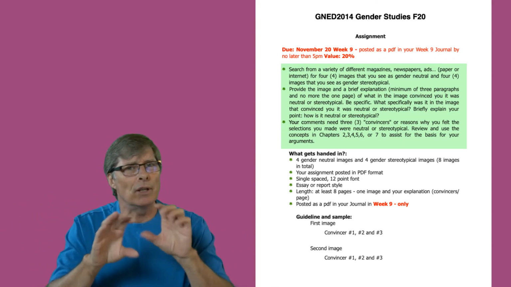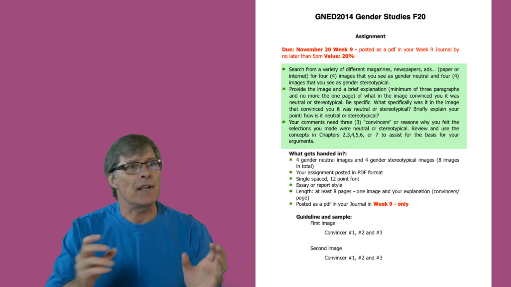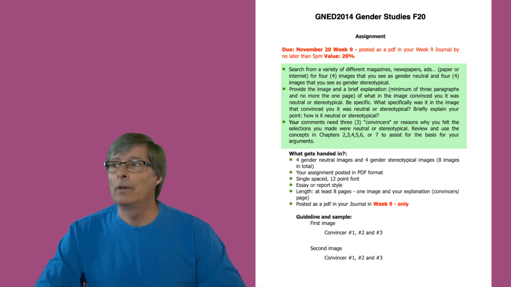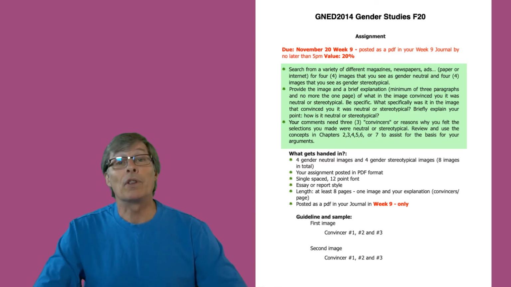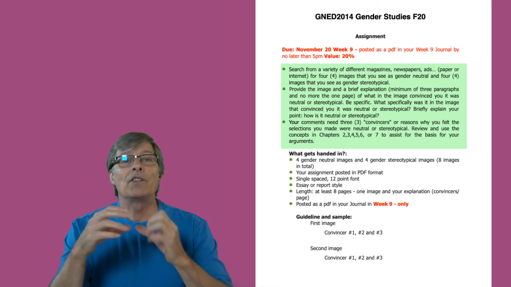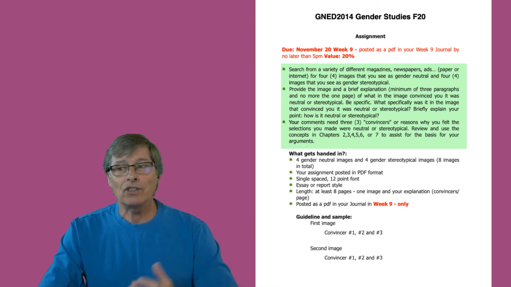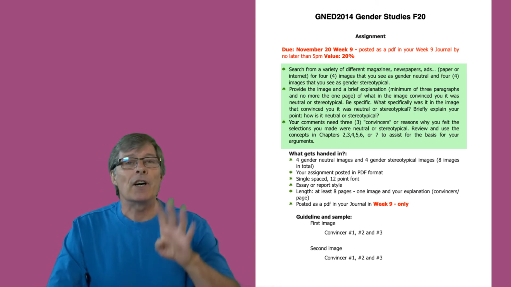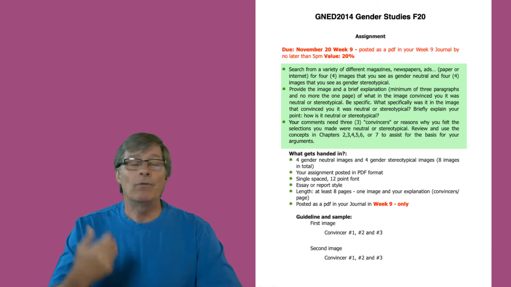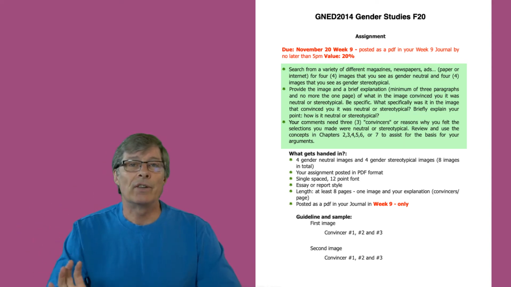Then we're also going to be looking at the gender differences, and that can be far more reaching because it's a socially constructed component. So how we communicate about men and women in North America is not the same around the world. And so it'll be interesting. Just explore images and find 4 that to you are gender neutral and 4 that to you are gender stereotypical.